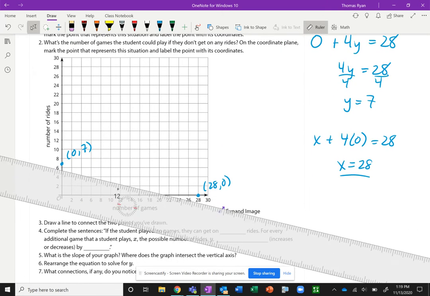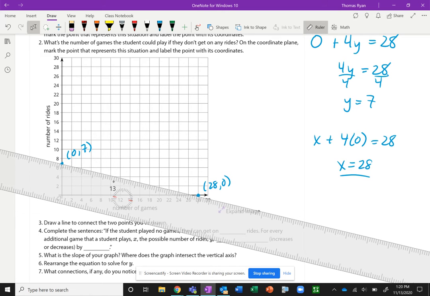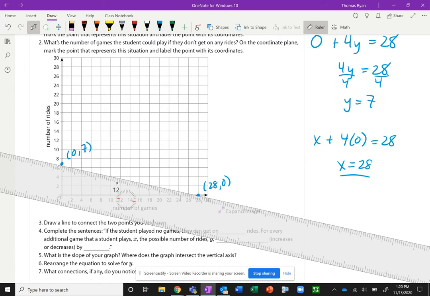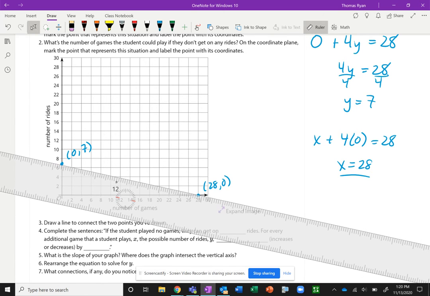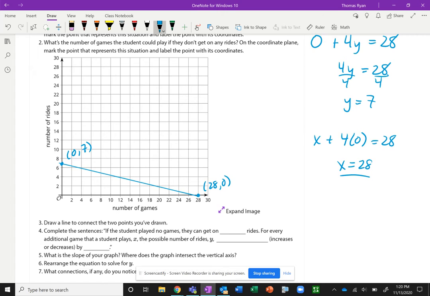Okay, let's get my ruler out here. Okay, that's pretty good. All right, so we drew the line.